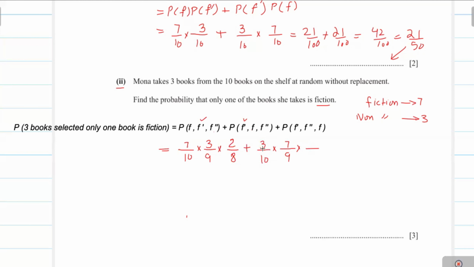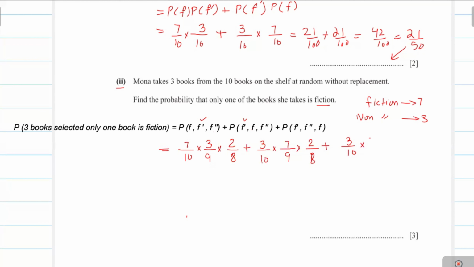Therefore, the total non-fiction books remaining will be 3 and the total books will be 8 because 2 books are selected. And next is the probability of F dash will be 3 out of 10 books because the non-fiction books are 3, total books are 10.